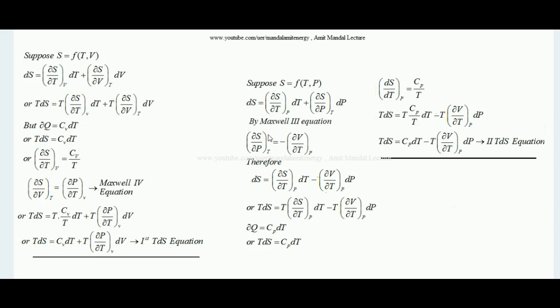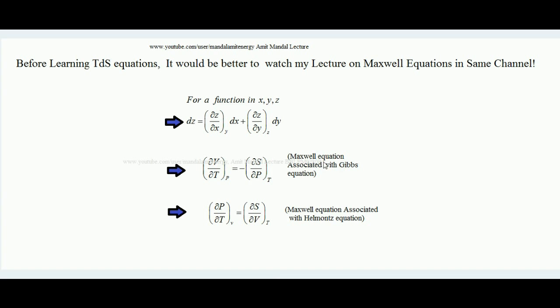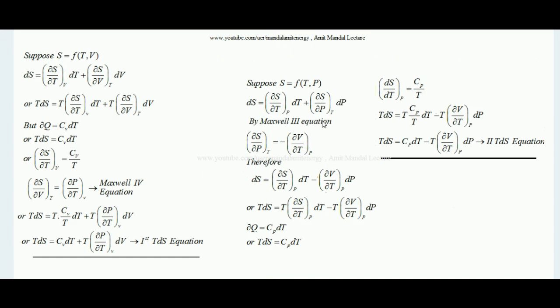Now by Maxwell's equation associated with the Gibbs equation, del s by del P at constant T equals minus del v by del T at constant P. Therefore, in place of del s by del P at constant T, I can write minus del v by del T at constant P. Keeping that value, ultimately I get ds equals del s by del T at constant P dT minus del v by del T at constant P dP.